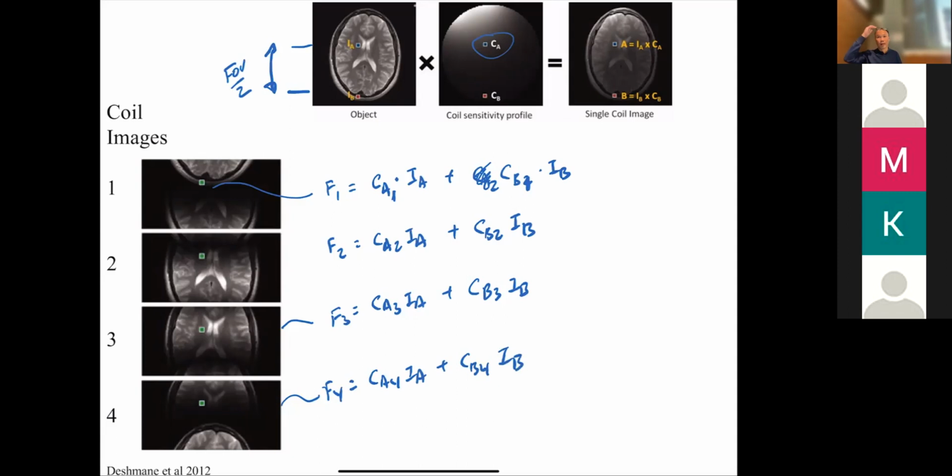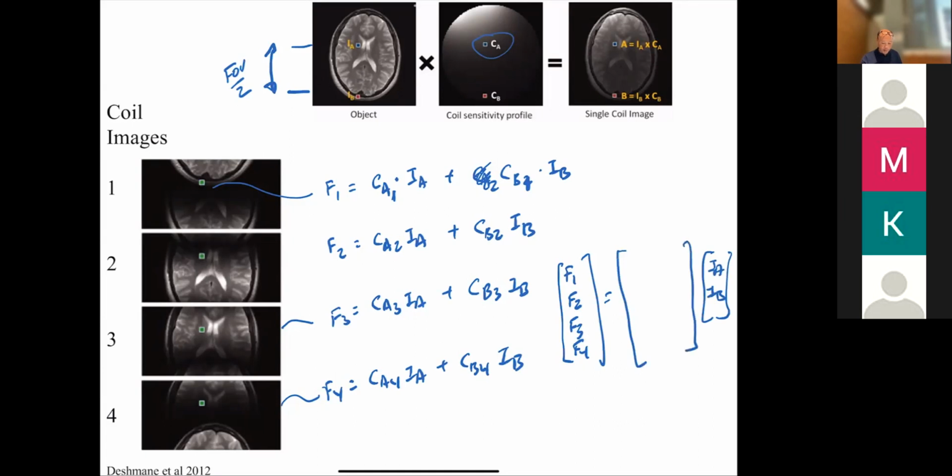Okay, so I've got 4 equations and 2 unknowns, should be okay, right? So let's rewrite that as a matrix equation. What I measure are F1, F2, F3, and F4. What I want is to estimate IA and IB.